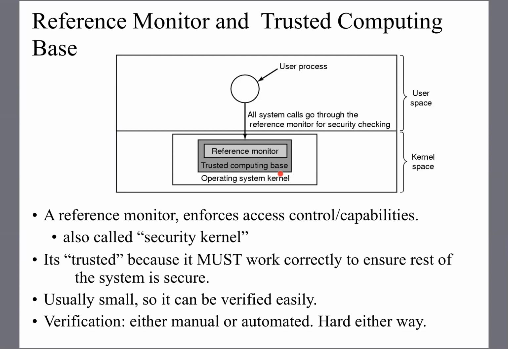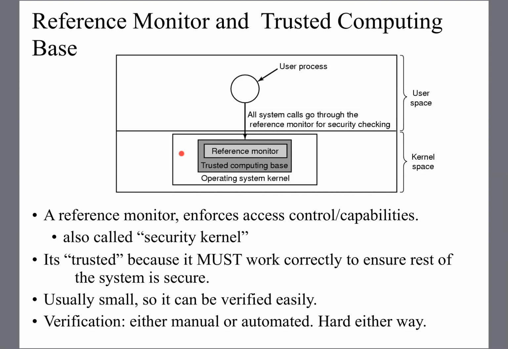But there are other operating systems where the trusted computing base is designed to be very small and sometimes formally verified to be secure, and everything else that belongs to the OS, everything in this white box, is untrusted.